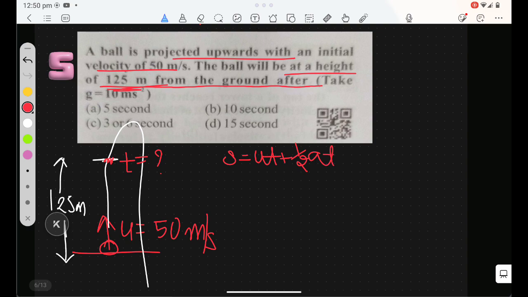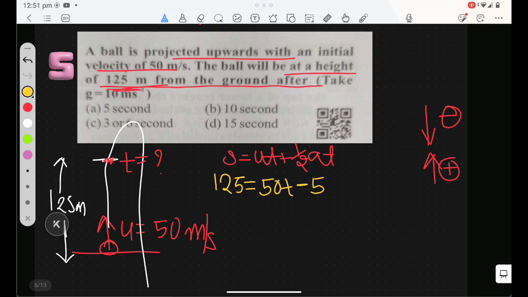We will take the downward direction as negative and upward direction as positive. The displacement covered is in the upward direction, so it will be positive. 125 is equal to initial velocity 50 times t, plus acceleration is in negative direction, so minus g by 2, that is minus 5, because g is 10, so 10 by 2 is 5, minus 5t square.